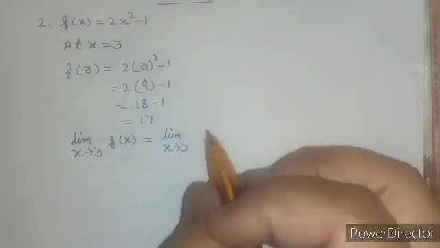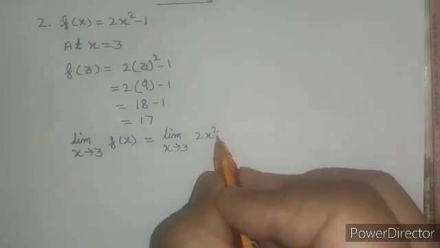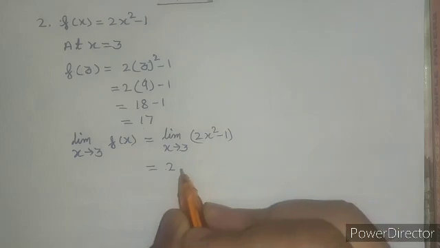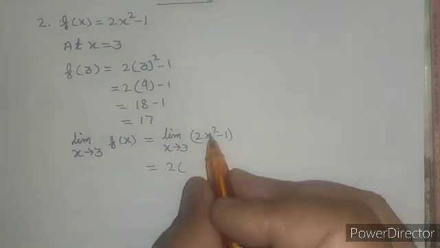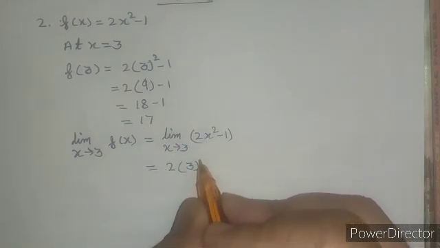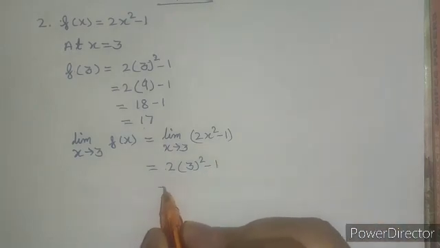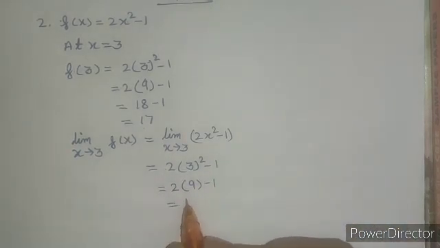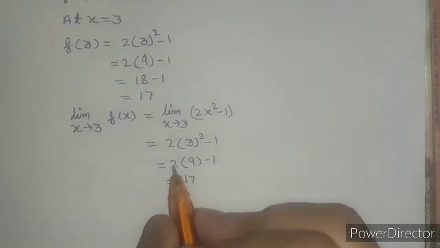Now f(x) was 2x square minus 1 and that will be equal to 2 into, now in place of x here we will put 3 square minus 1 and that will be 2 into 9 minus 1 and that will be again 17.